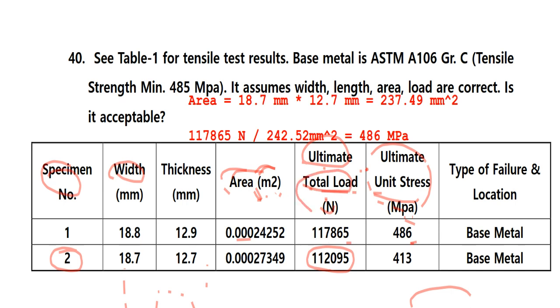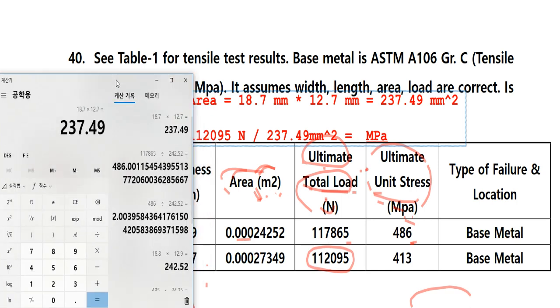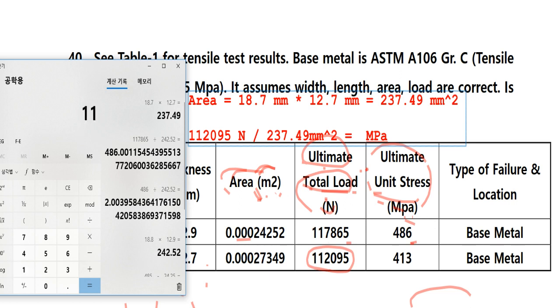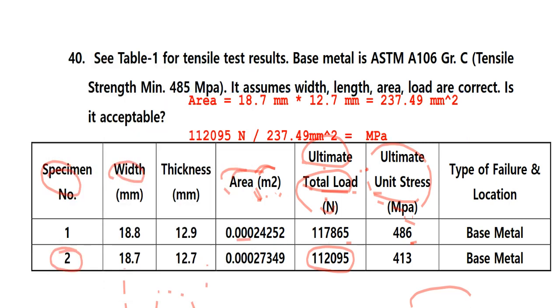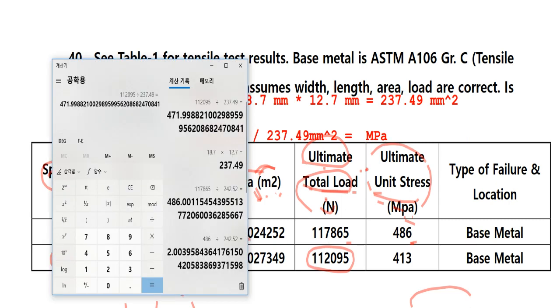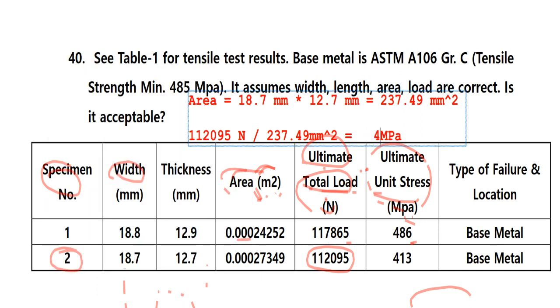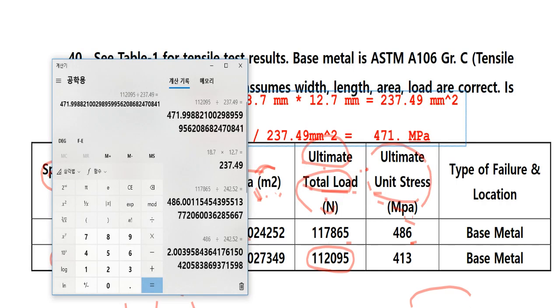ultimate total load 112,095, and divide by this area 237.49. 112,095 divided by 237.49 is 471.99.